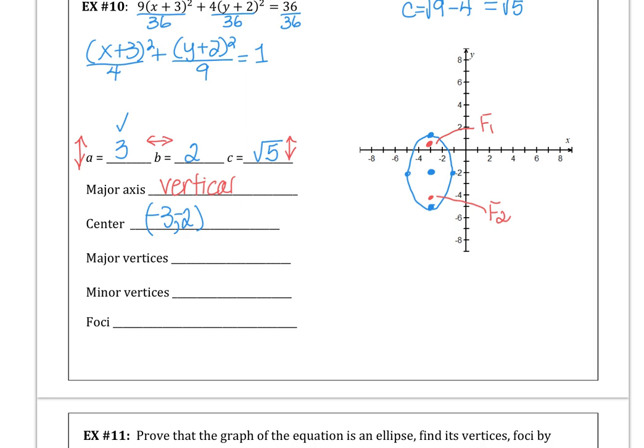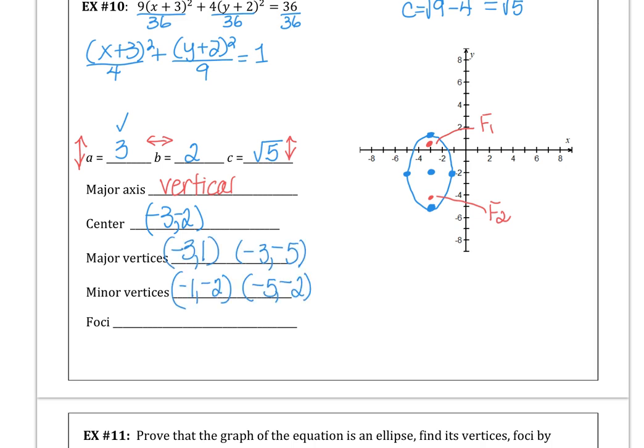One is at (-3, 1). And the other one's down here, (-3, -5). The minor vertices are on the horizontal here, at (-1, -2), and the farthest one away is at (-5, -2).